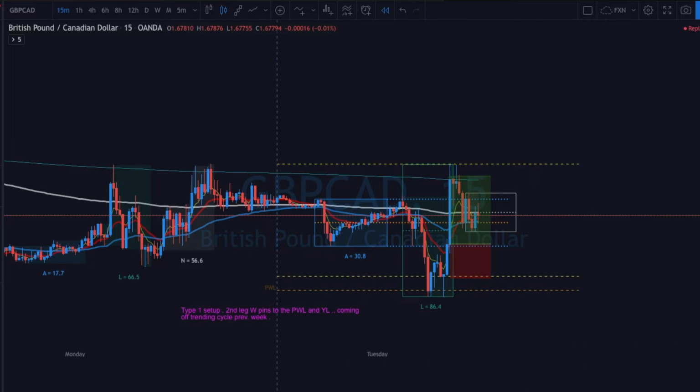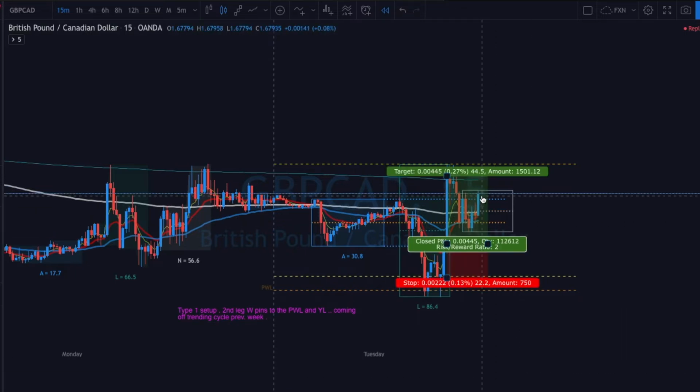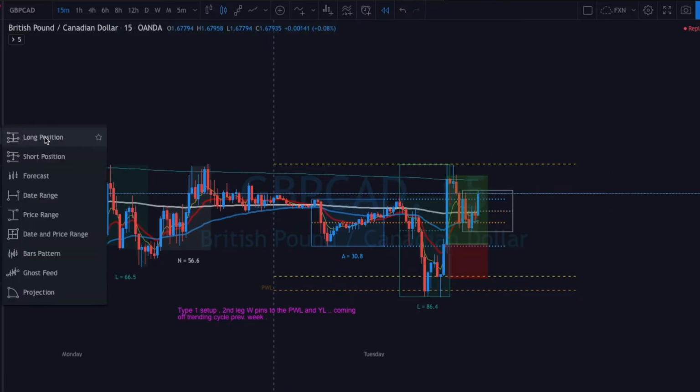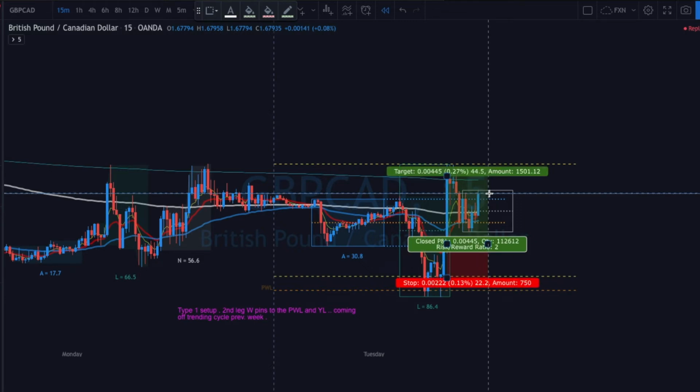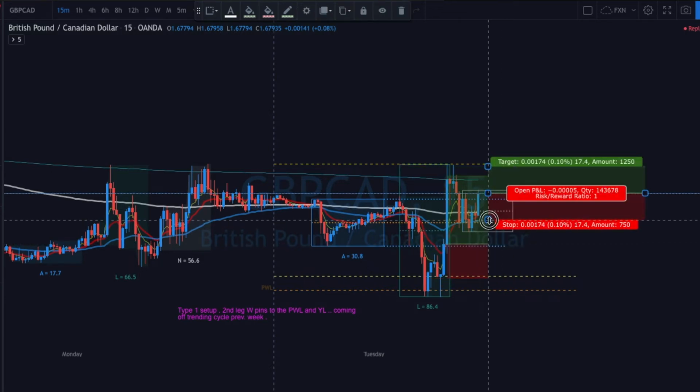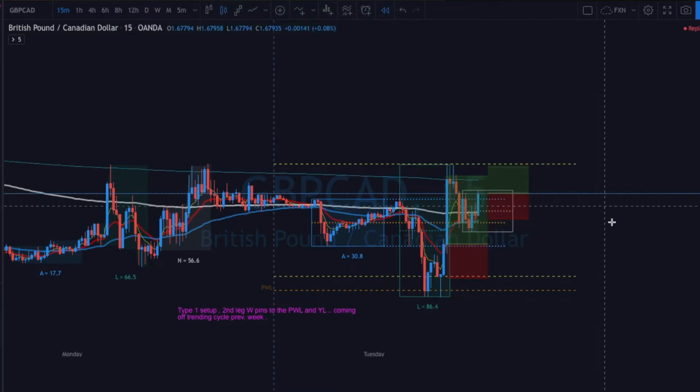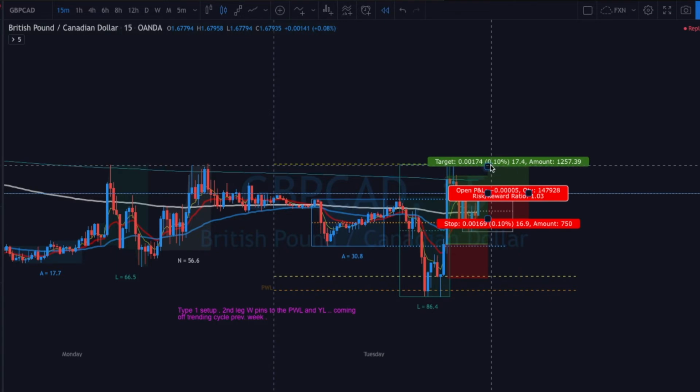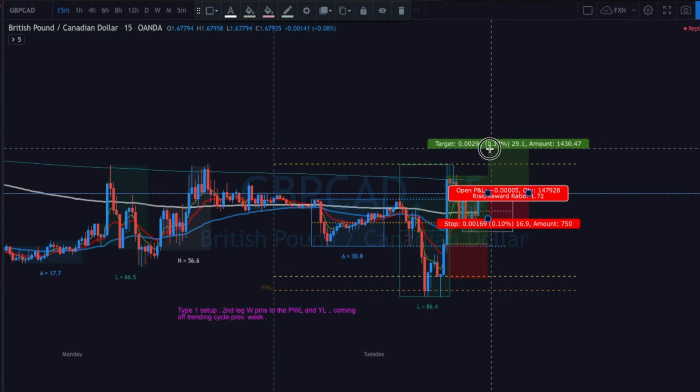So now you'd be looking for what? A continuation trade, right? So here on this candle, your stop loss is going to be pretty tight, because if you're right, you're going to be right, and if you're wrong, it takes you out in one candle and you're done. So where can we take this?